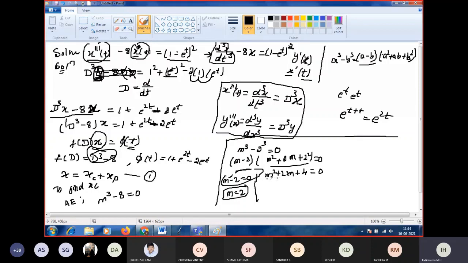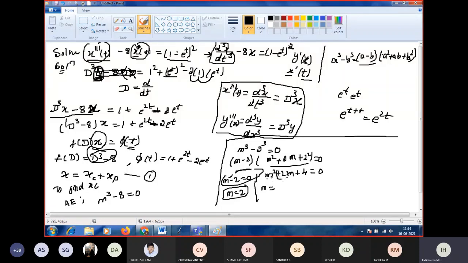Is it possible to factorize? I think no. No, ma'am. Actually, here 4 is the constant, so factors will not come. So we should go for the formula method.